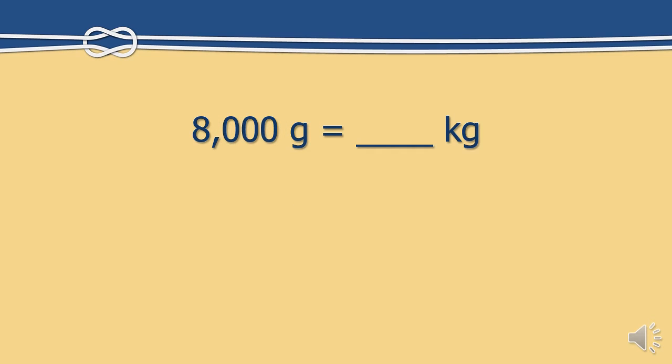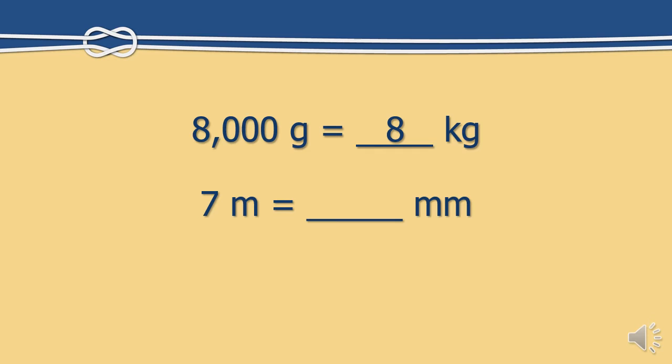How about grams to kilograms? Remember, there are 1,000 grams in 1 kilogram. So 8,000 grams, divide by 1,000, and you get 8 kilograms. 7 meters is equal to how many millimeters? Well, remember, there are 1,000 millimeters in every meter.